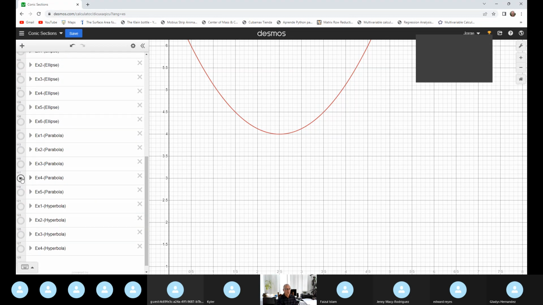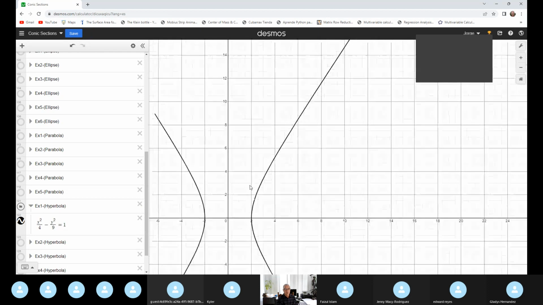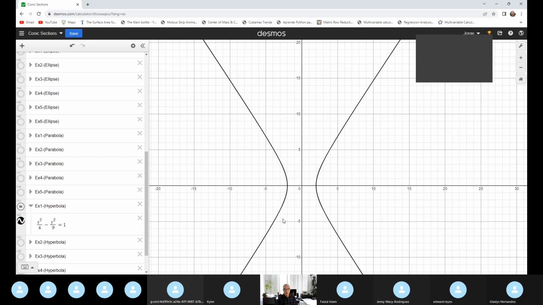Okay, it's a hyperbola, no? Example 1 is this. Look at the hyperbola. When you put in the equation, you see the hyperbola.